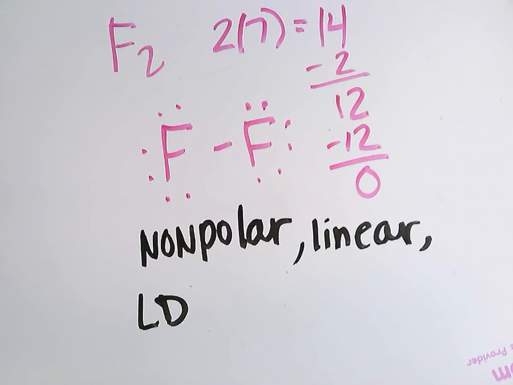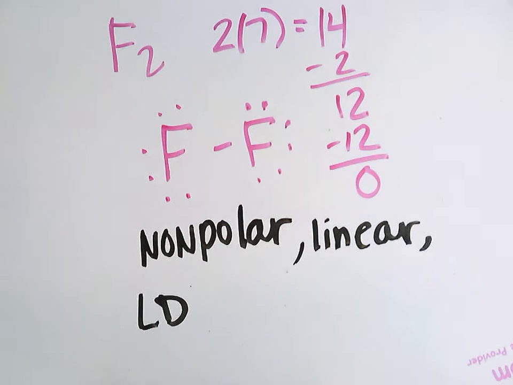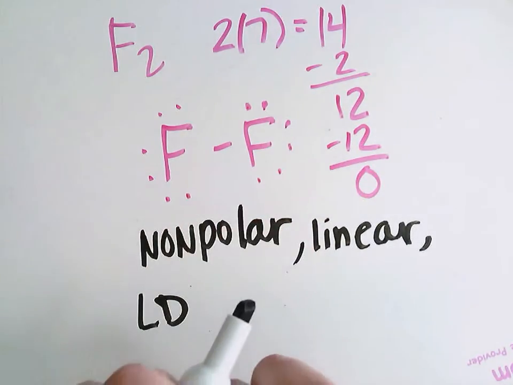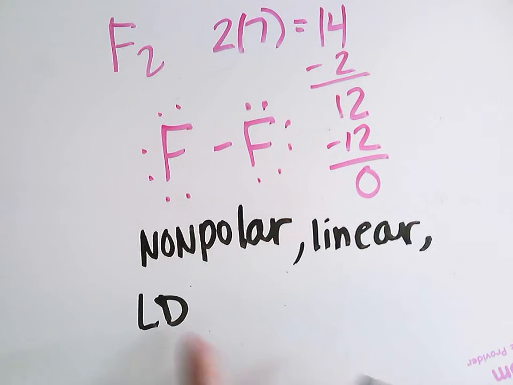Last one's hydrogen bonding. Hydrogen and NOF. Nitrogen, oxygen, or fluorine. Well, there's fluorine here, but it's not bonded to any hydrogen, so that cannot be an option. So, no bond polarity because they're the same. A nonpolar molecule, it's linear and it has London dispersion.